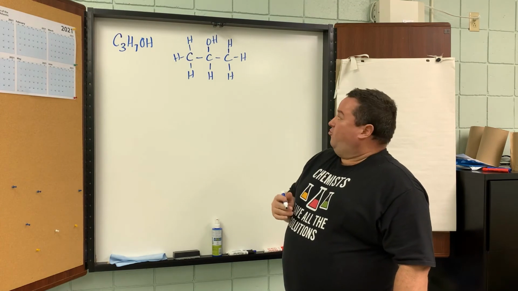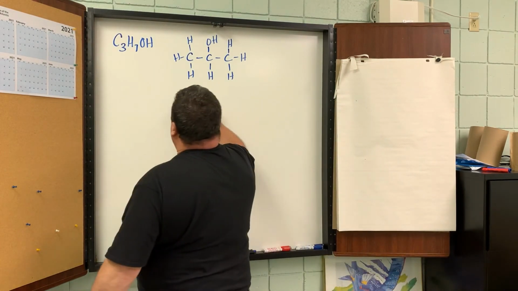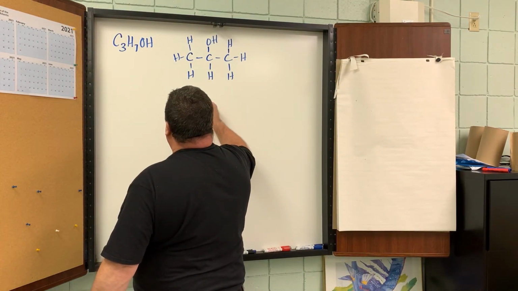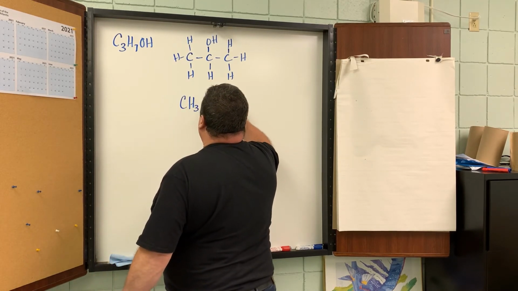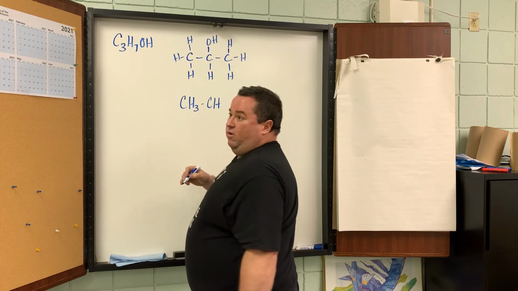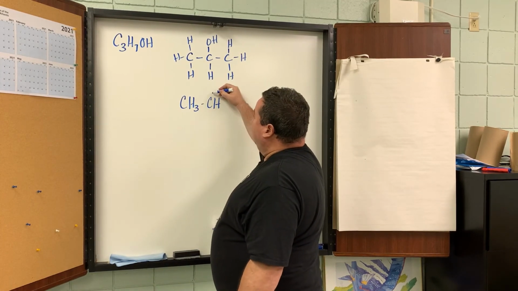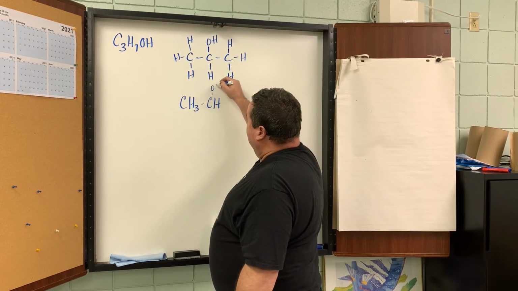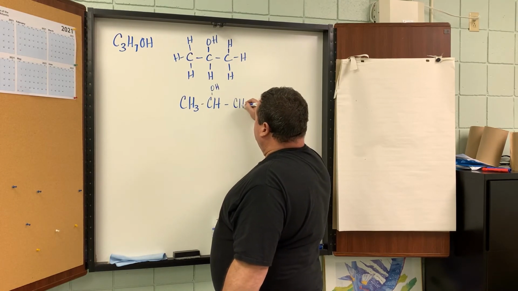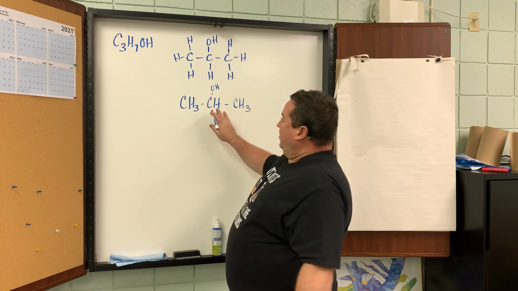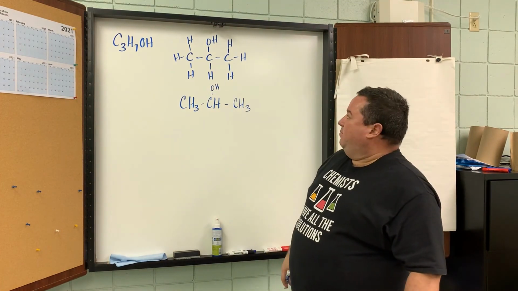The condensed structural diagram would be CH3, CH, and you have a choice of either showing the functional group off to one side, like this, or sometimes it's written in line, but that can be a bit confusing.